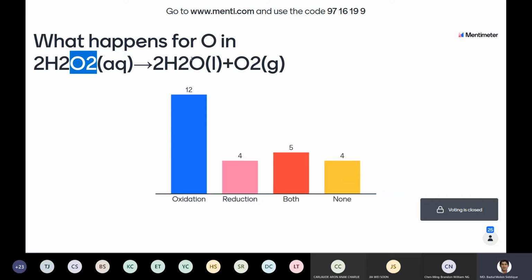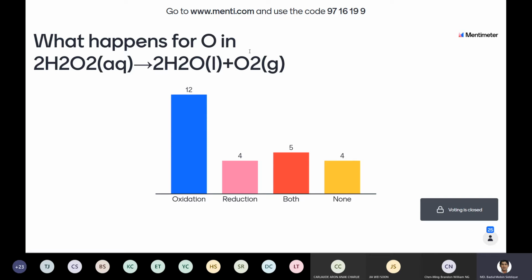This oxygen in water has -2 charge, and this oxygen, however, has 0 charge, because this is an elemental gas, an oxygen molecule, and it does not carry any charge.